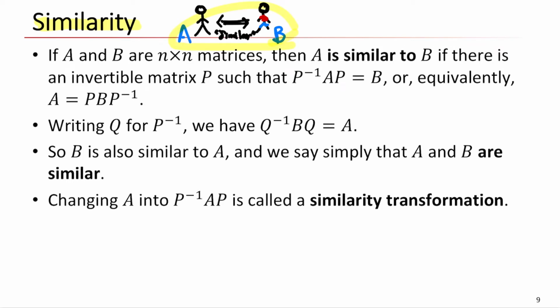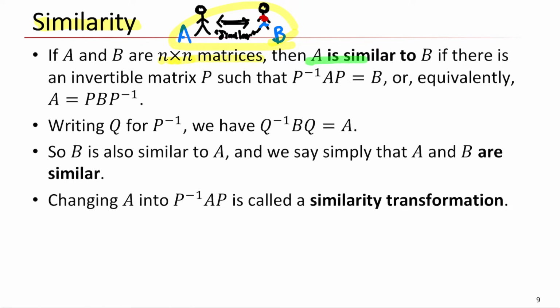So how can we define the similarity between two arbitrary matrices? Here's the definition. Let's say we have matrix A and matrix B in n by n space.